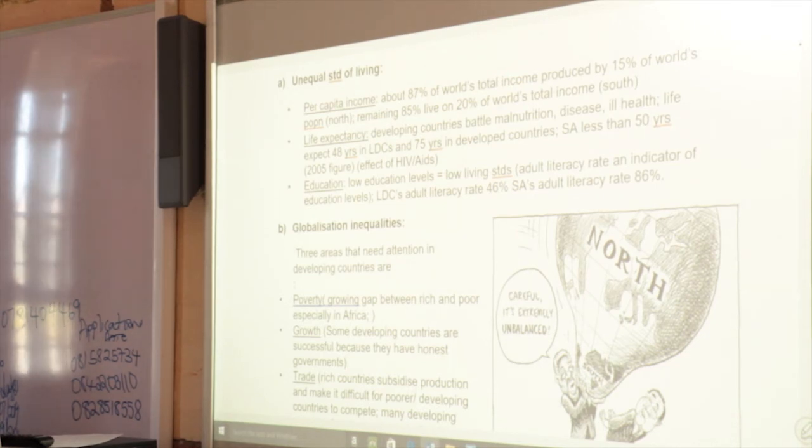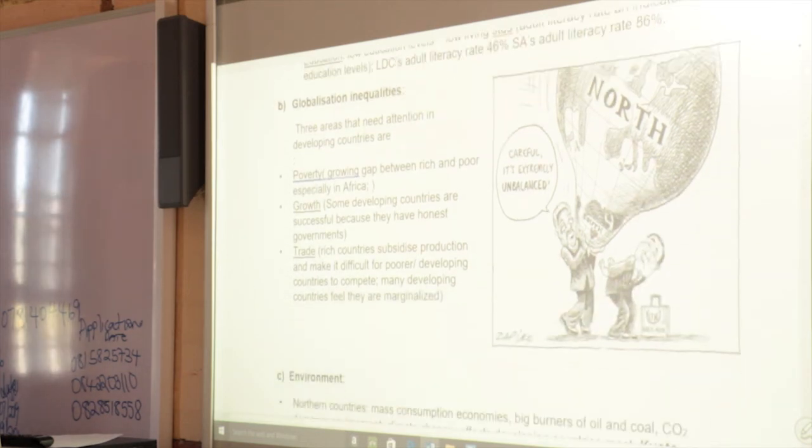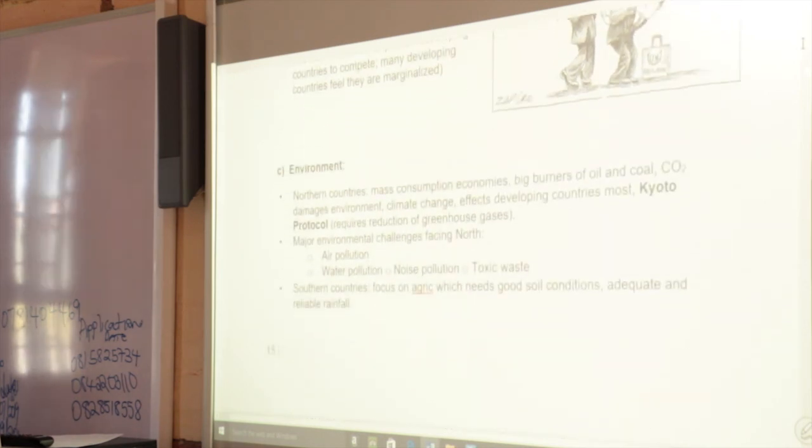Adult literacy rate, an indicator of education levels, the adult literacy there is like 46%. South Africa's adult literacy rate is at 86%, so that makes us better. Then the globalization, inequalities, the poverty, growth, trade, and the environment as the table reflected.